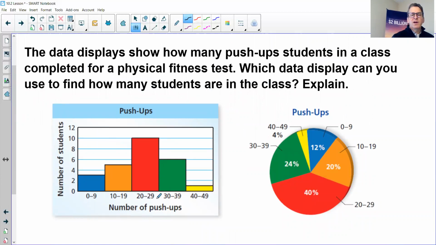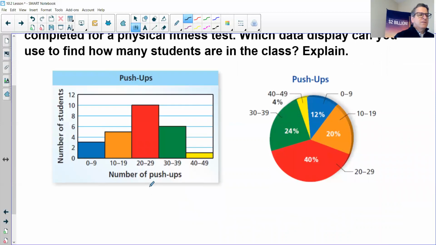We have this histogram and we have this pie chart. The answer here is that you can use the histogram because it shows the number of students. Here we got 3, we have 5, that's 8, and you can just keep adding up.